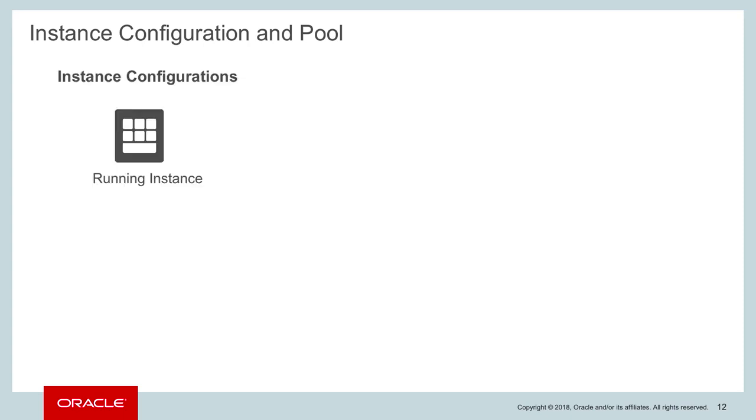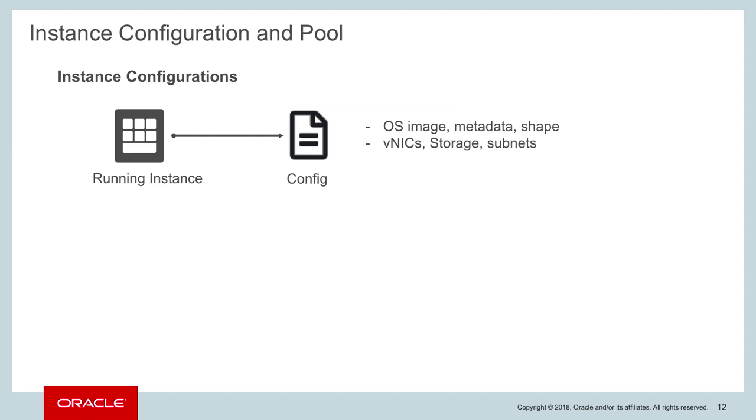Here we have a running instance, and from that running instance, I can create an instance configuration. That instance configuration will include parameters like operating system image, metadata, shape, and related resources as single configuration entities. So you don't have to specify them every time you launch a new instance, okay?